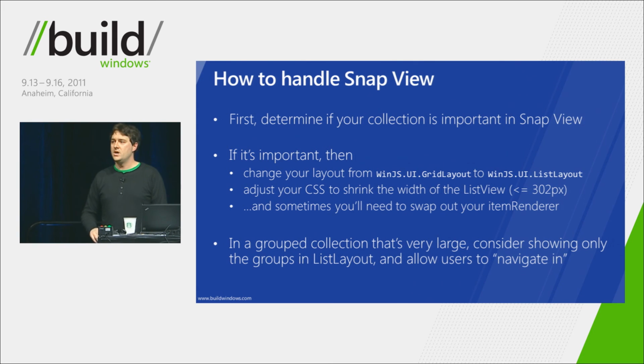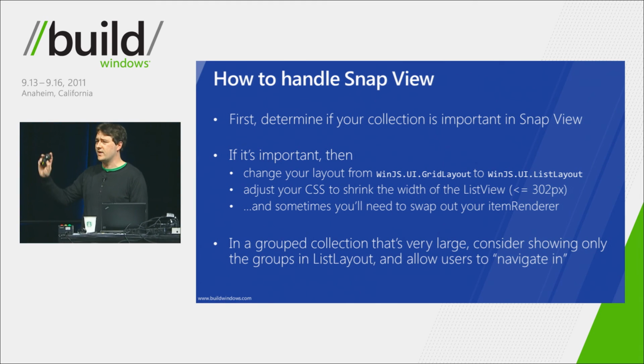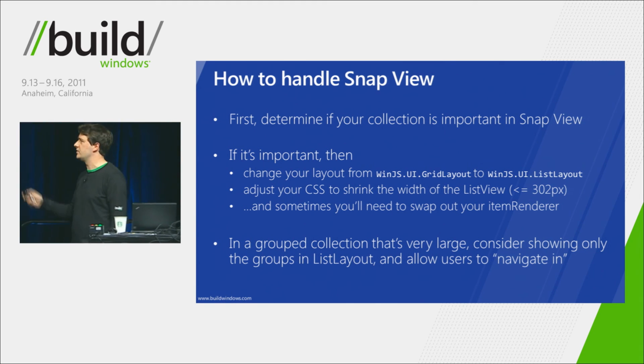So create a data source that's just got those groups. And then when a user taps on one of those items, you can swap the data source on the fly to just the items within that group. You don't have to destroy the list view. You just change your data source to change the items in it. So that's just a little tip if you've got a really large collection with lots of stuff.